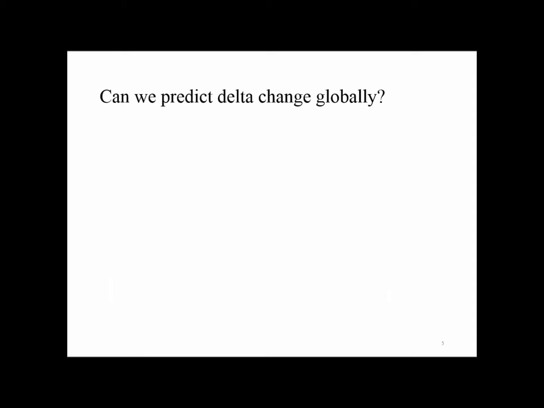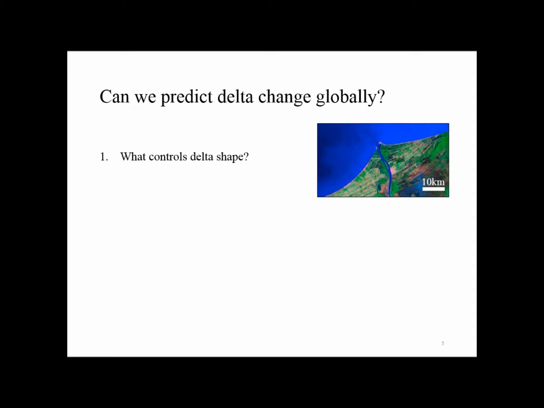So the aim of my talk today is a very simple question. Given that deltas are so important, can we then predict deltaic change globally for all deltas in a standardized and robust manner? Before we get into predicting deltaic change, of course, you first have to know what controls delta shape to begin with. So this is an example delta here on the coast of Mexico.